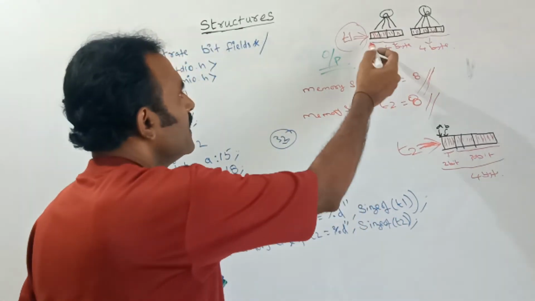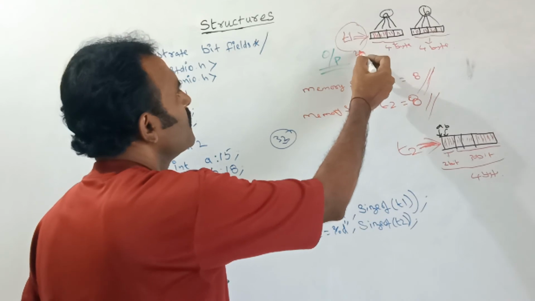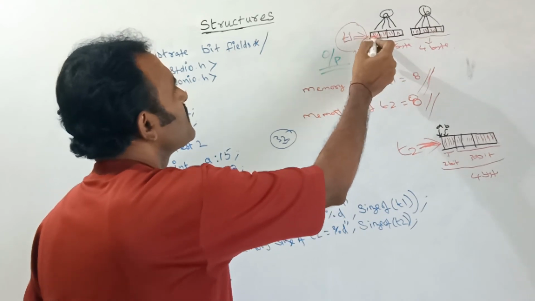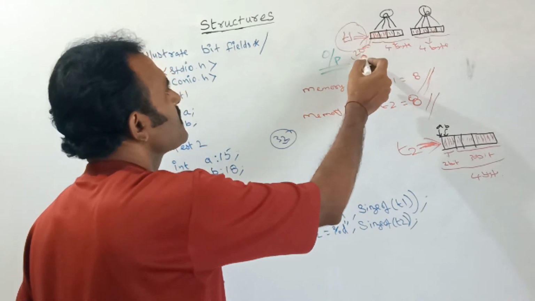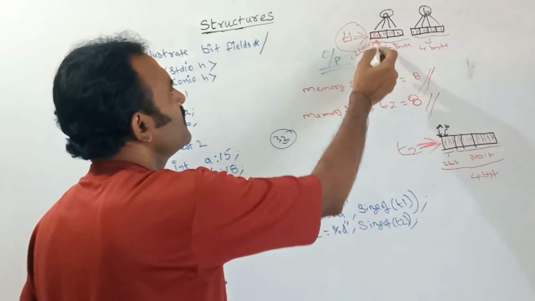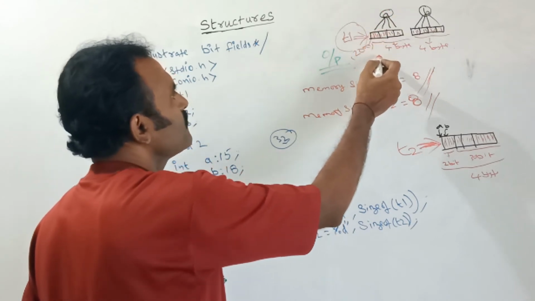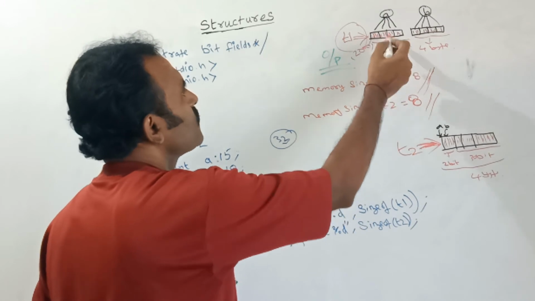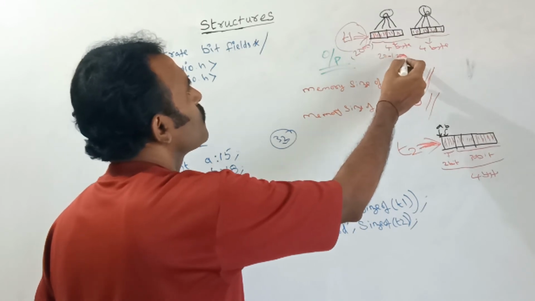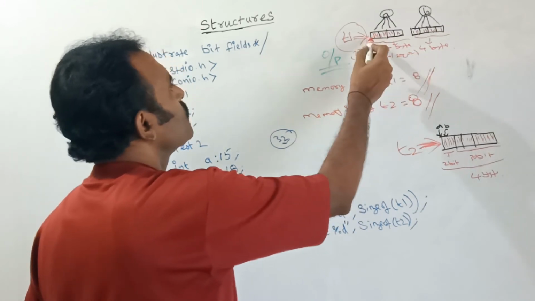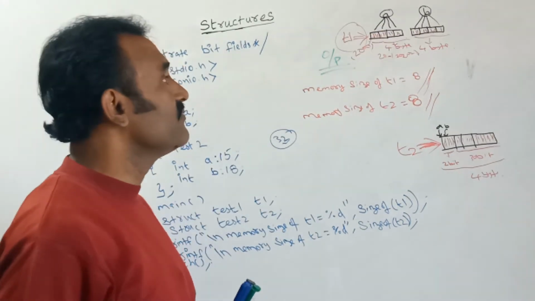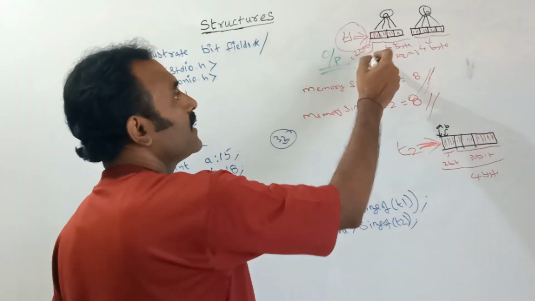For example, suppose it is starting from 2000, the first byte of A is allocated in 2000, then the second byte will be allocated in 2001, 2002 and 2003. So each and every byte of memory has a unique address.